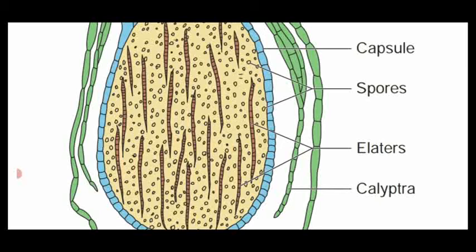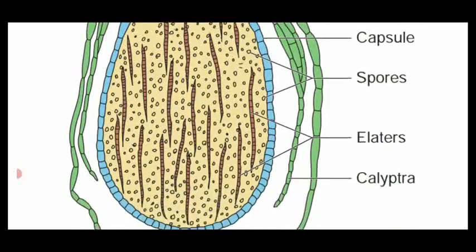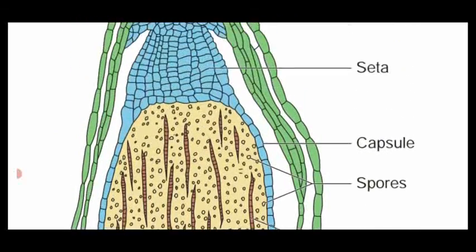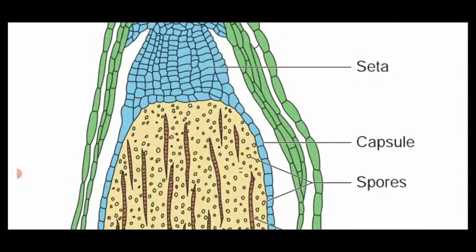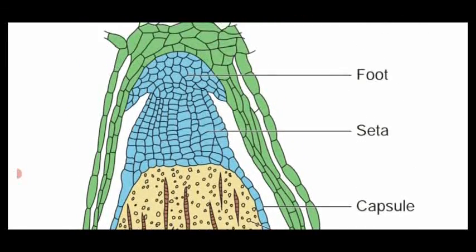The brown colored elongated structures are known as elaters. This capsule is protected by an outermost layer known as the calyptra, which is green in color.